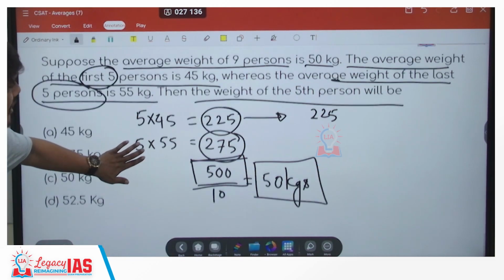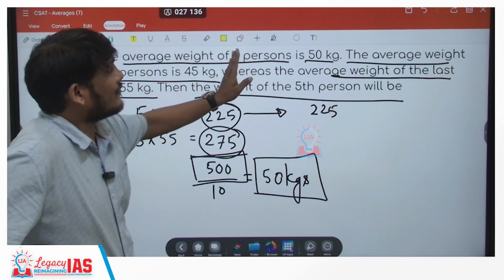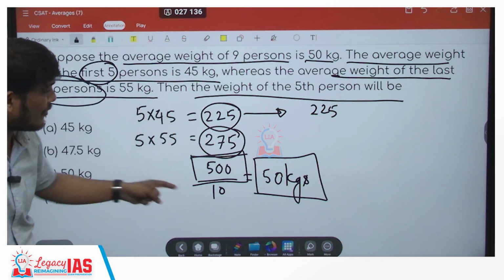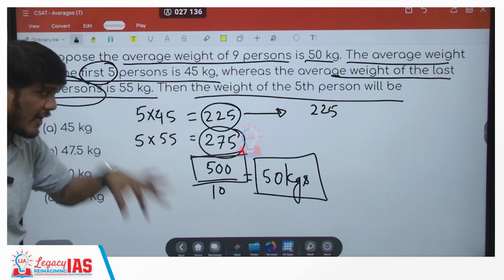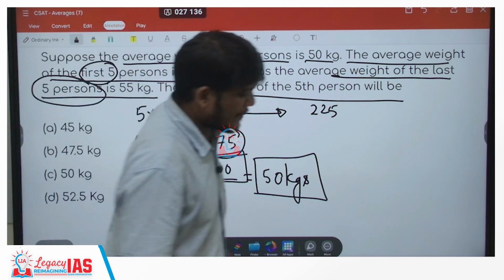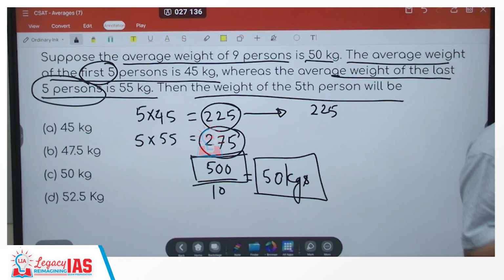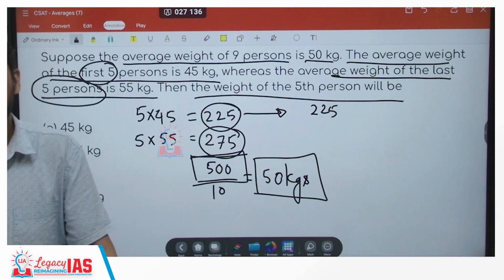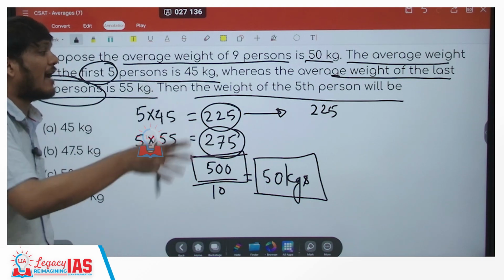Initially we were given the average of 9 persons, which is equal to 50. Here we are getting the average of 10 persons, which is again 50. That means that the one person who is added is not changing the average. It is keeping the average the same.